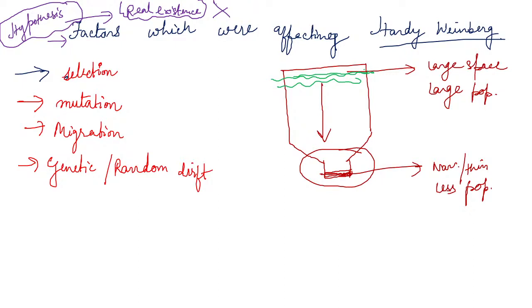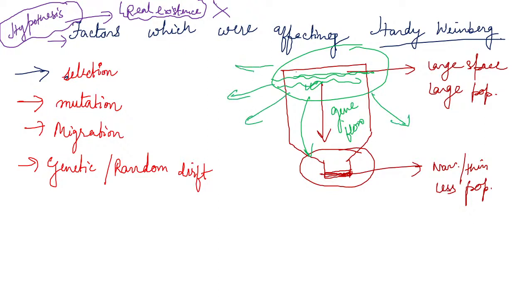Now, due to migration, due to selection, due to genetic drift, and most probably due to gene flow, genes have flown from this position to this position, and many small populations have grown up from this large population. This was once a large population, and genes have flowed in many several ways, and the genes have flown out. So people have made their own families.